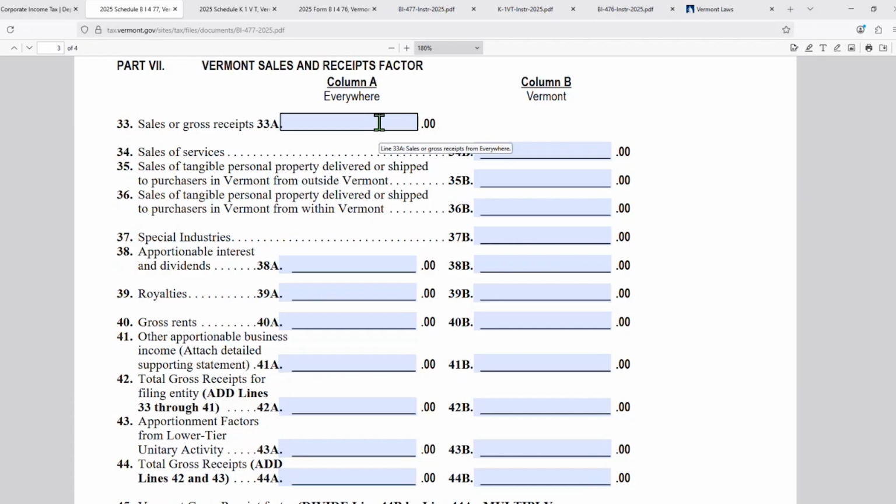We have very dense apportionment regulations, and I can share the link in the chat in a minute, that walk you through when you have gross rents that are included in the apportionment factor.